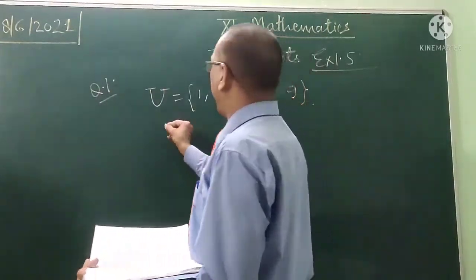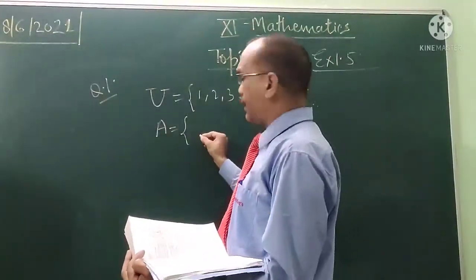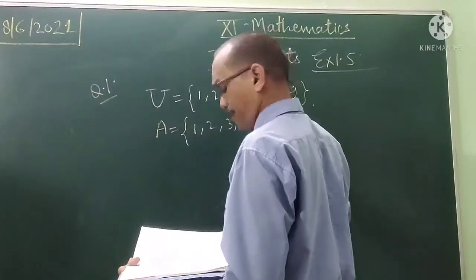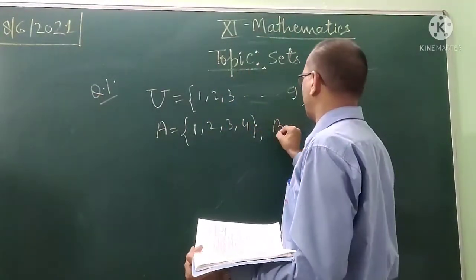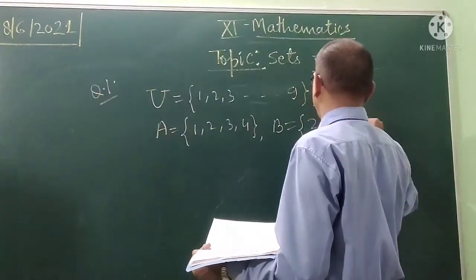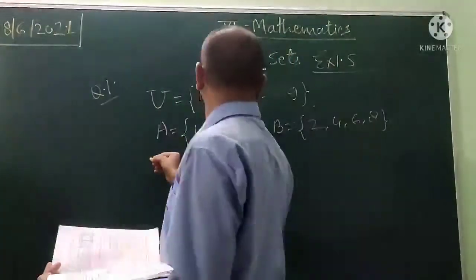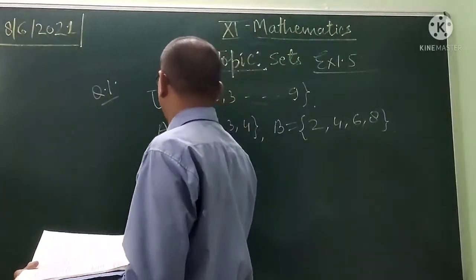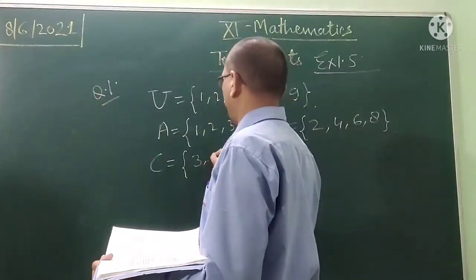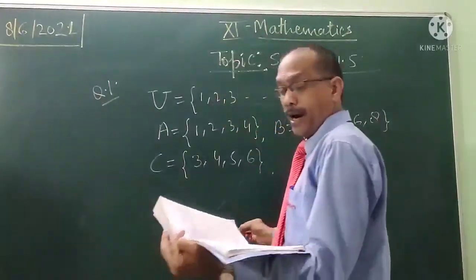Then A is a set having elements 1, 2, 3, 4. B has elements 2, 4, 6, 8. C is the set having elements 3, 4, 5, 6. Now find.